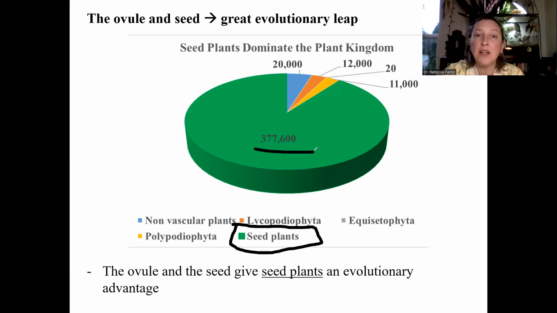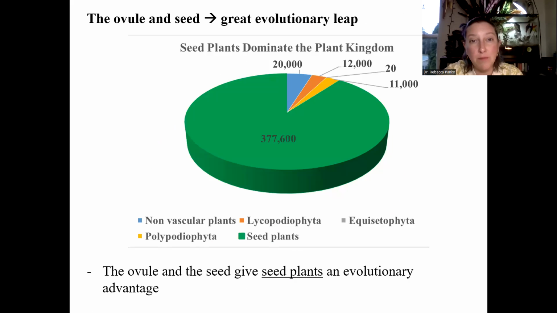And as you can see, the majority of the plants on Earth are seed plants. That lets us know that the ovule and the seed give plants a strong evolutionary advantage. Otherwise, the majority of plants on Earth wouldn't have ovules and seeds. It's the form that works best. If you have ovules and you have seeds, you do the best. And therefore we have the most diversification there.